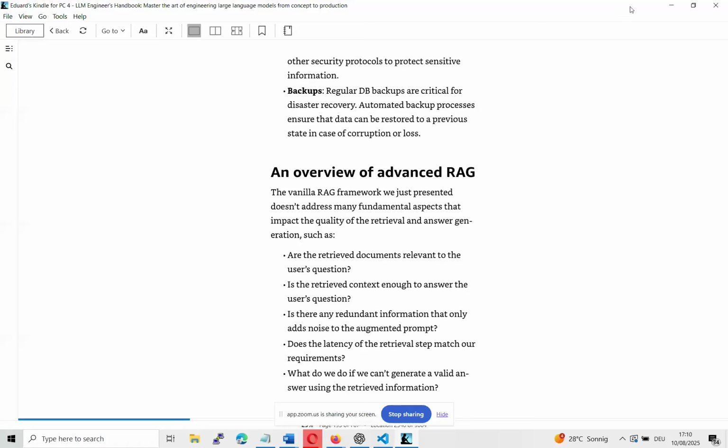Sorry, I have one question, which is about the multimodality. My question is about the embedding model.